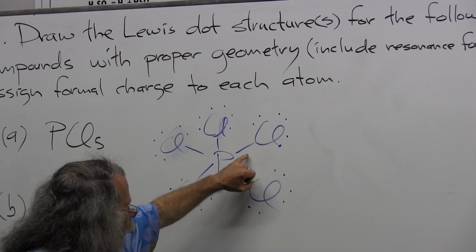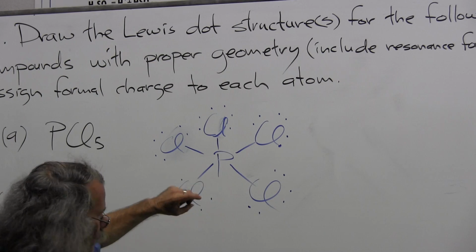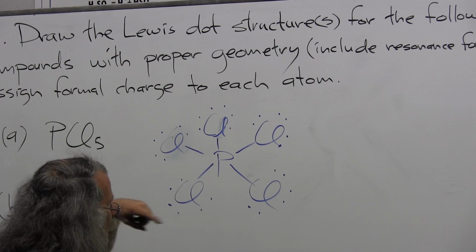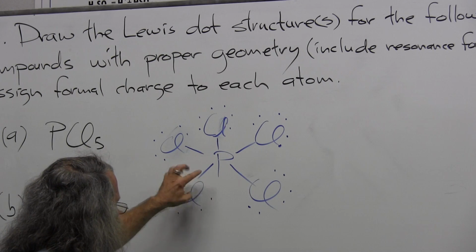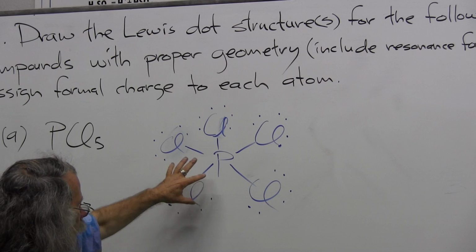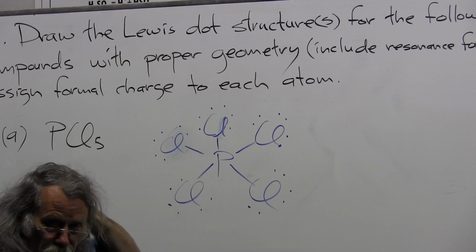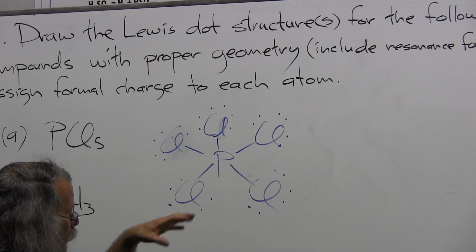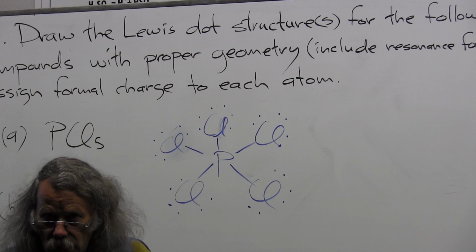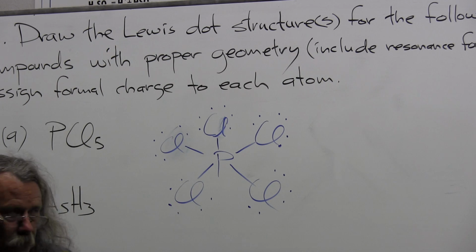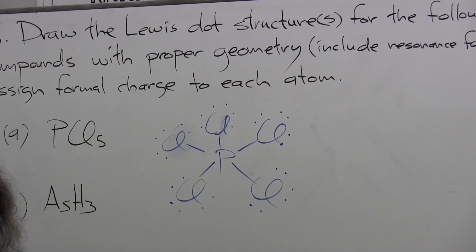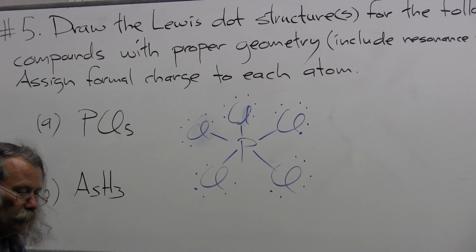Have we satisfied the octet rule all around? Yes, indeed. I have an octet with all the outer atoms, and I have 2, 4, 6, 8, 10 electrons associated with the phosphorus, the central atom. Well, it turns out for third row elements and beyond, we can expand our octet because size is important.